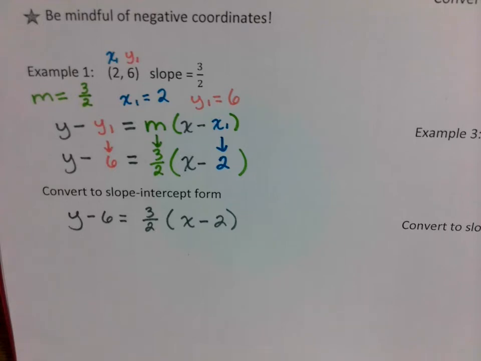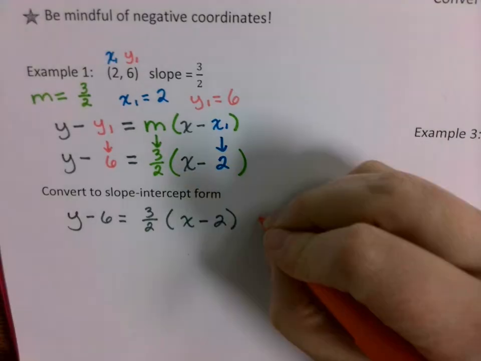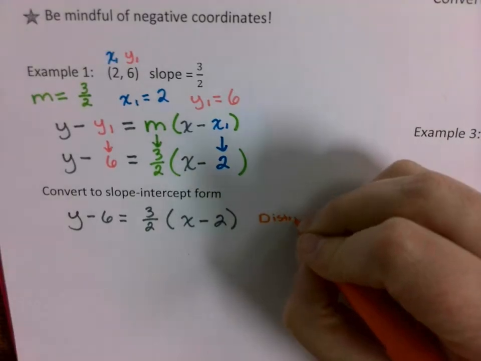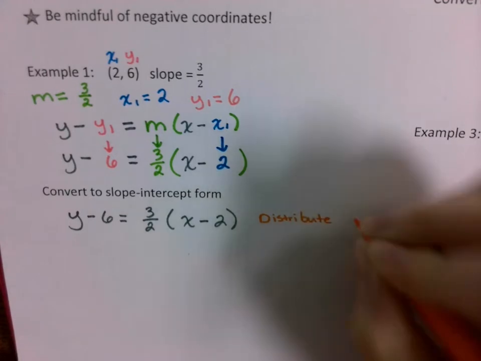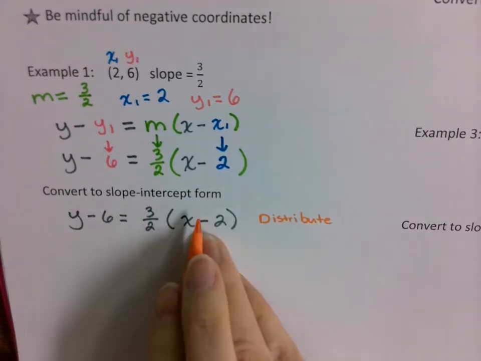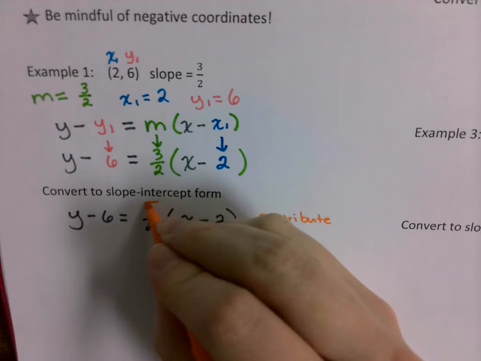Distribute. You should always check and see if you can distribute. So the first thing we want to do is distribute that slope value to each component inside the parentheses.